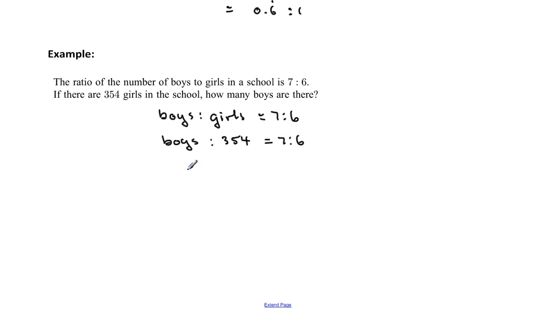So what do we do here? Well, look, the best thing to do is to write this as a fraction. Boys over 354 is equal to 7 over 6.